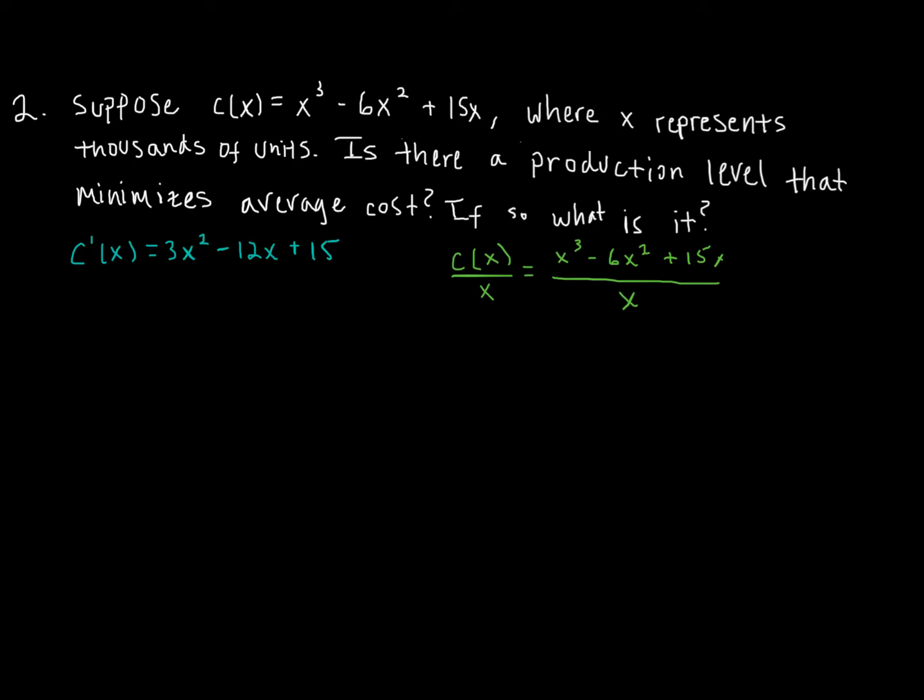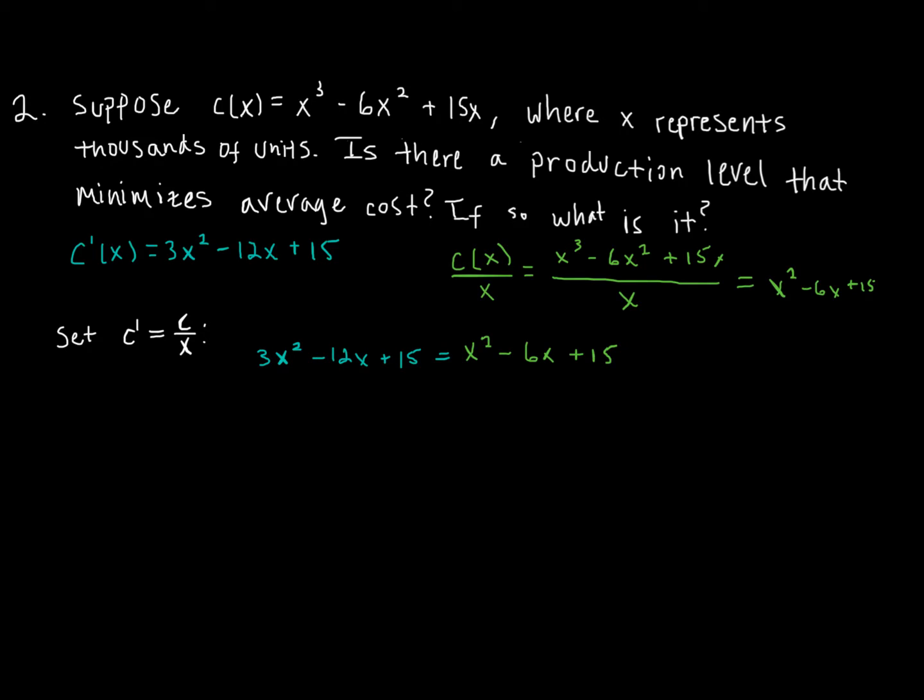Either way works just fine. I'm going to go with the second way because I think it creates a little less work. So dividing an X into each of these terms gives me X squared minus 6X plus 15, and now I can go ahead and set them equal to each other and solve.